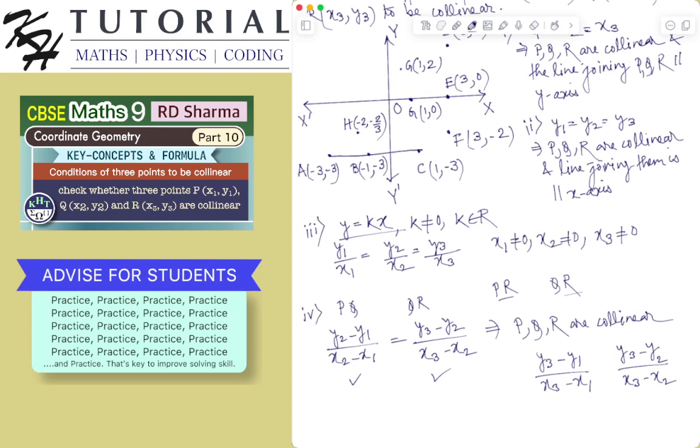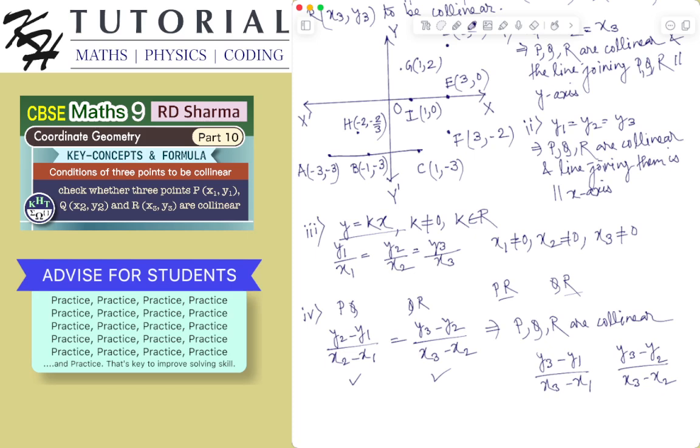Similarly, the point G is 1, 2, but again I have plotted G as 1, 0. So let's say this is the point I. So if you see the points G, I and C, the coordinates of the point G are 1, 2, the coordinates of the point I are 1, 0 and the coordinates of the point C are 1, minus 3. The abscissa of all the points G, I and C are equal, that is 1. So they will be collinear.